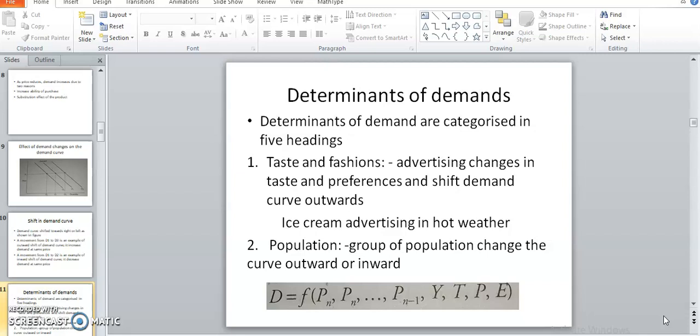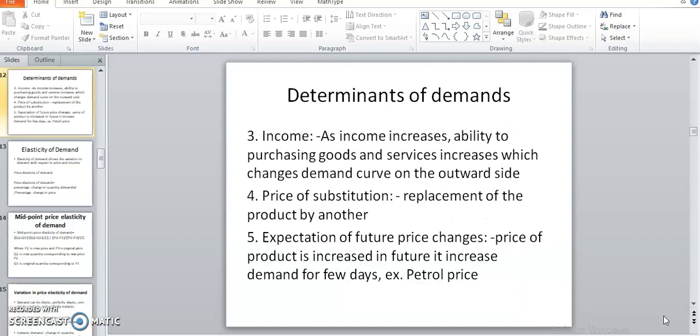Again, one more determinant is the population. A group of population changes the curve outward or inward. If a particular age group is larger in the population, it may shift the demand curve outward or inward. The third one is income.